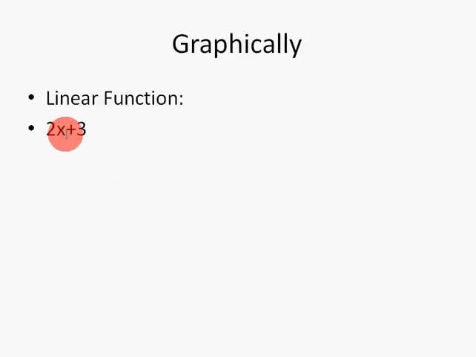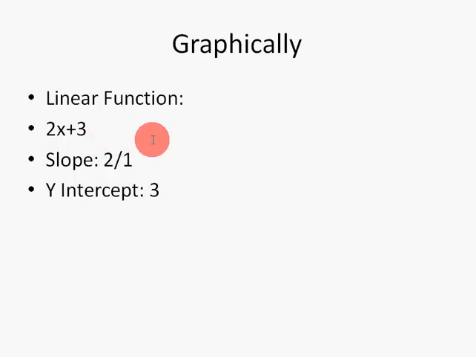So as you can see here, we're going to start with the linear function, which is 2x + 3, or y = 2x + 3 rather. What you have to do is find the slope, which is right here. And when it's not in a fraction form or has a number below it, you automatically assume it's 1. So the slope is 2 over 1, or rise over run. So it rises 2 and moves over 1, and the y-intercept is 3 right here.